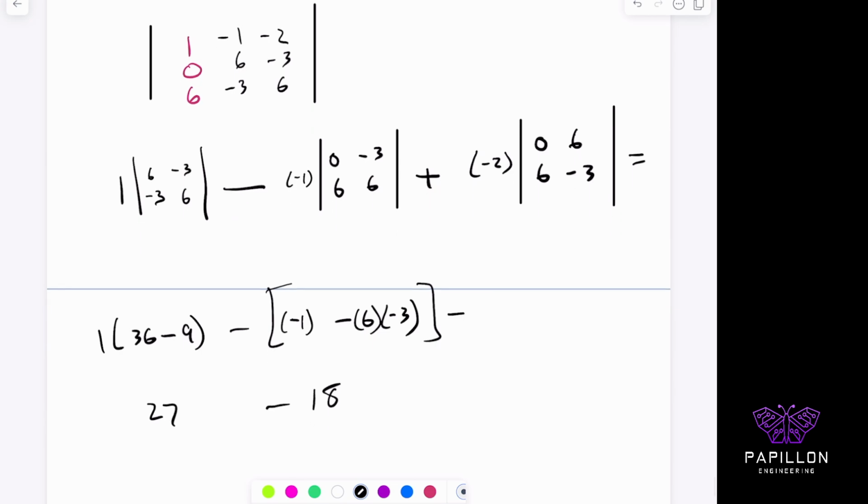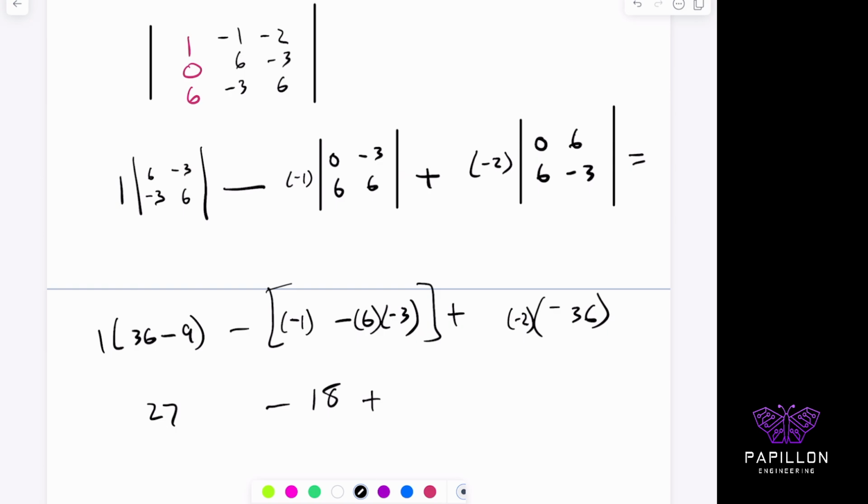And finally the last term, 0 times minus 3 gives back 0, minus 6 times 6, which brings us to the 36, and the 36 times the minus 2, so that should give us back a positive number.